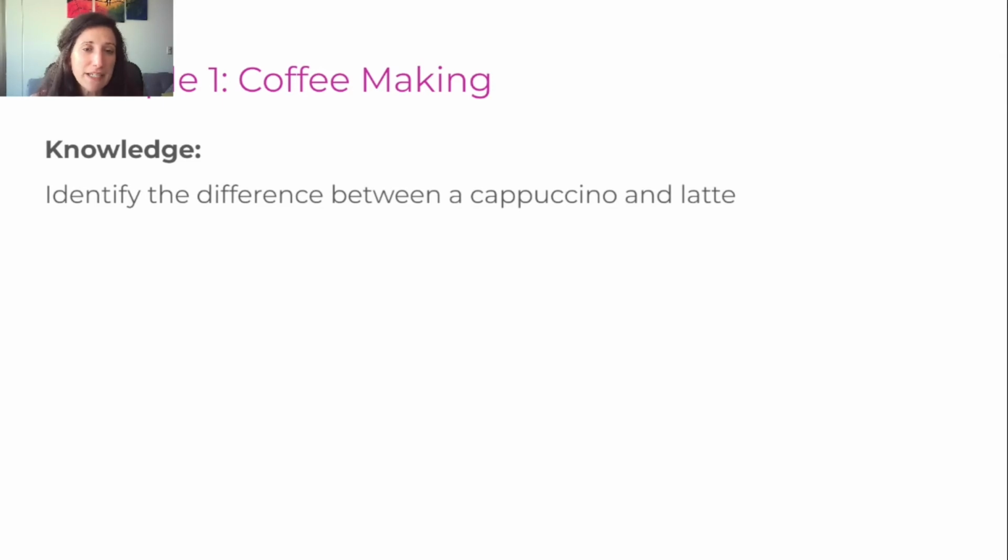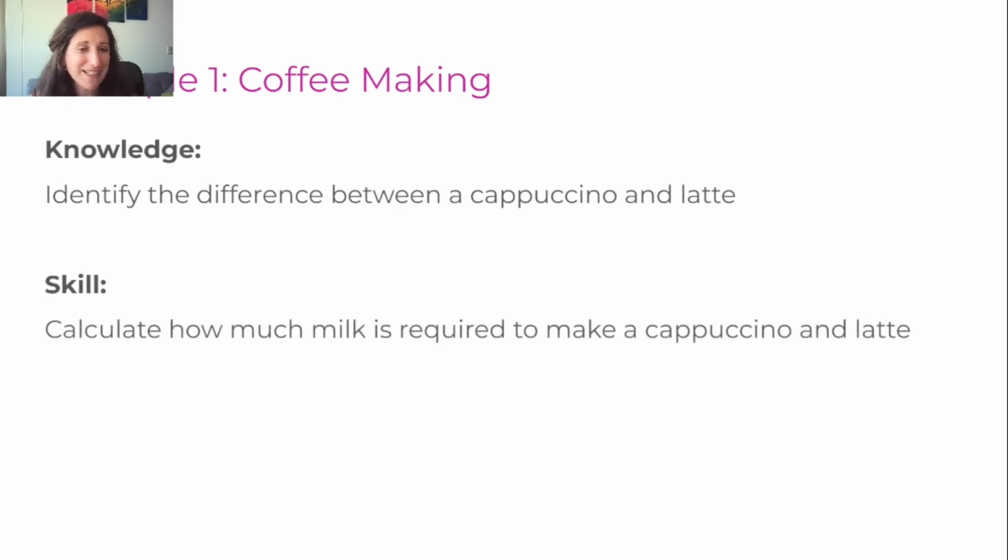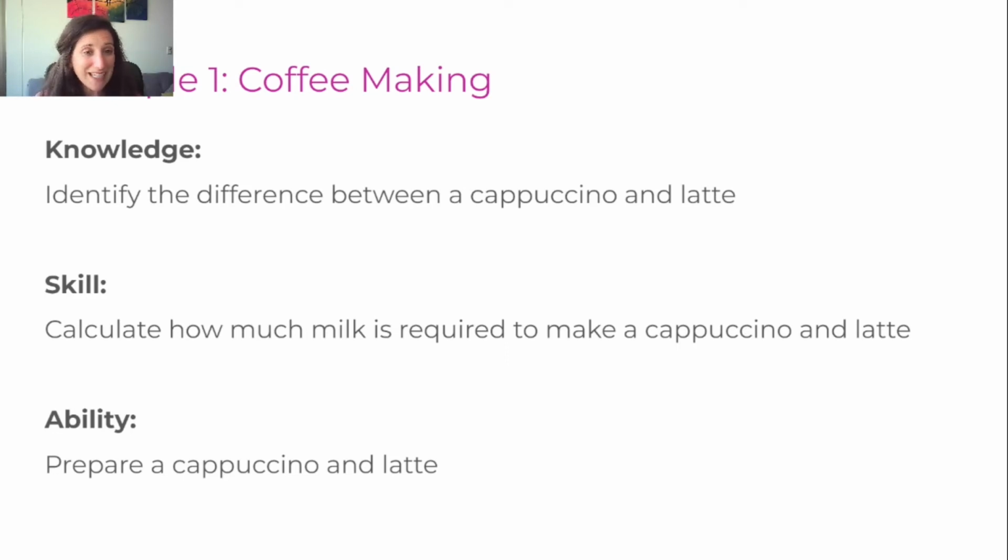First, they need to be able to identify the difference between a cappuccino and a latte. Then they need to have the opportunity to practice calculating how much milk is required to make a cappuccino and a latte. These are just examples. There's a lot more knowledge and skills that go into forming this ability of being able to prepare a cappuccino and a latte. However, you can see how someone will be moving up these ranges.